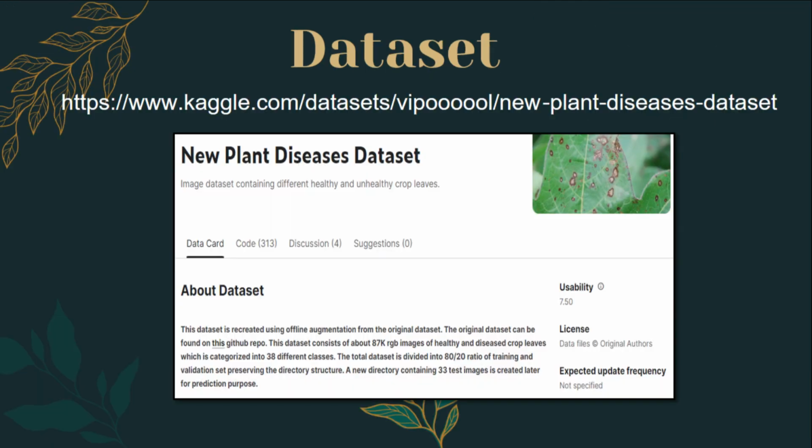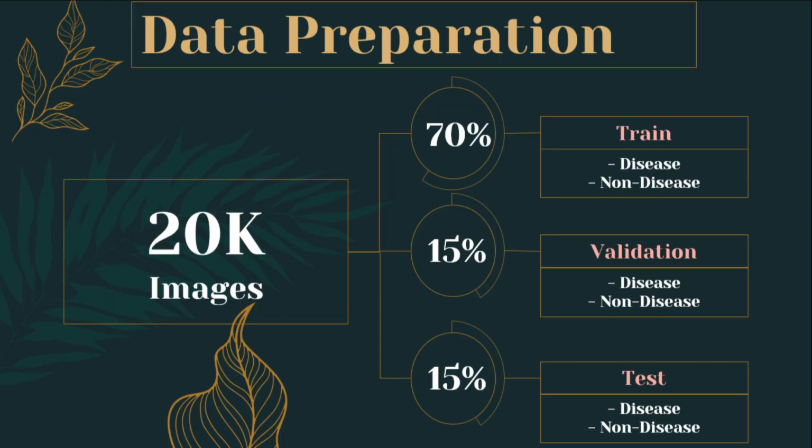The dataset we retrieved from Kaggle is around 20K images, and it's publicly available. That 20K was split into 3 sets. This process is called the data preparation step. The 3 sets of data are train, validation, and test.